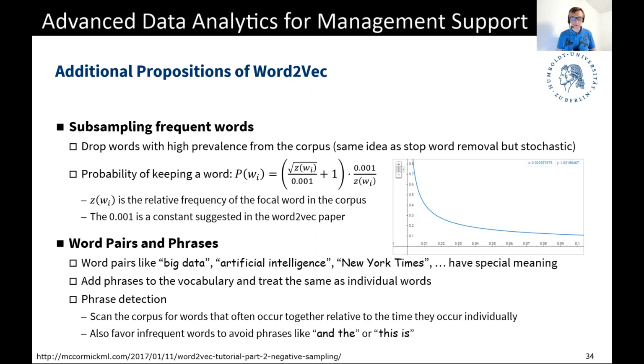That's a consequence of these words being frequent. So they introduced subsampling of frequent words, which means nothing but that you have some probability with which you drop words. And that probability you see written down here is a function of the relative frequency of that word in the corpus.